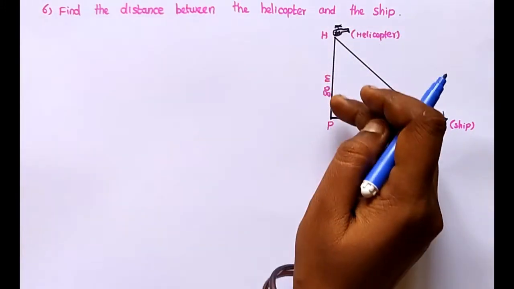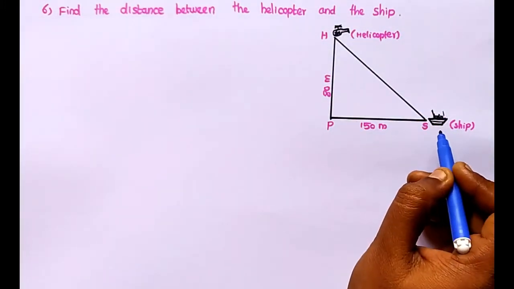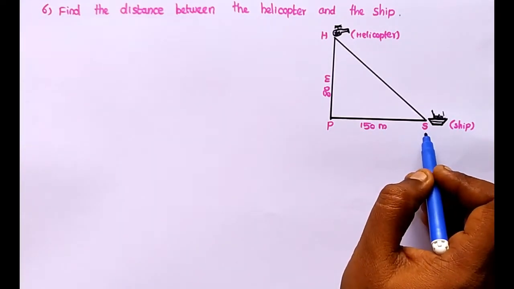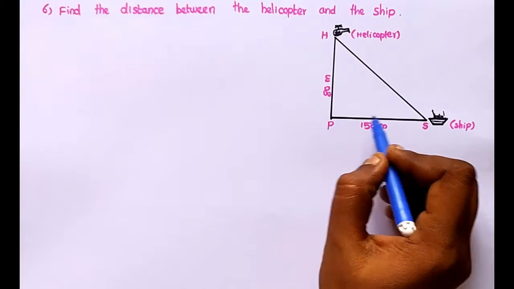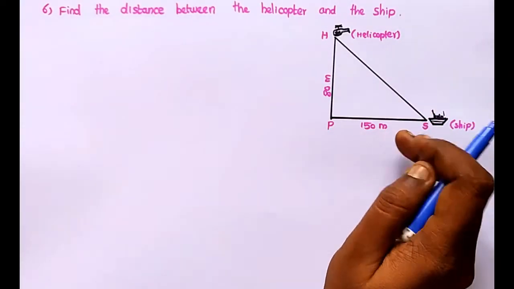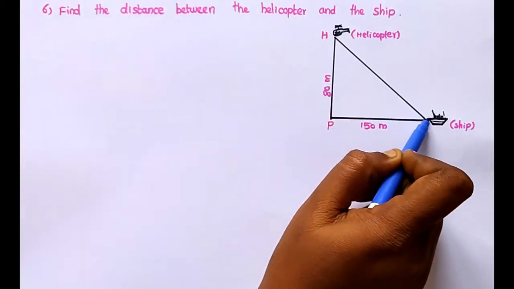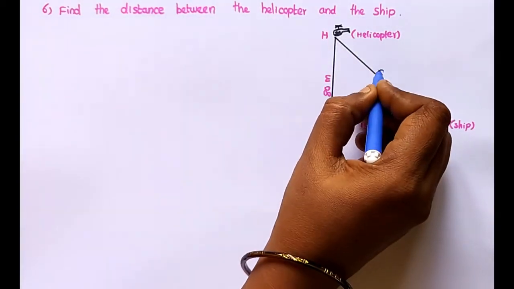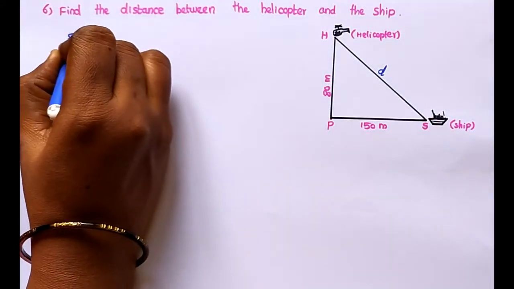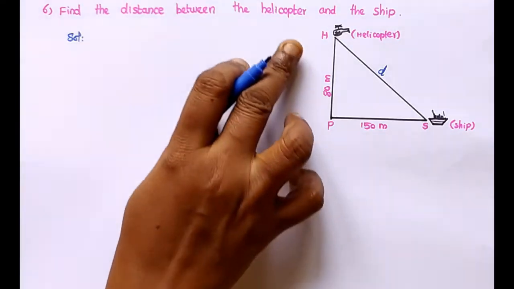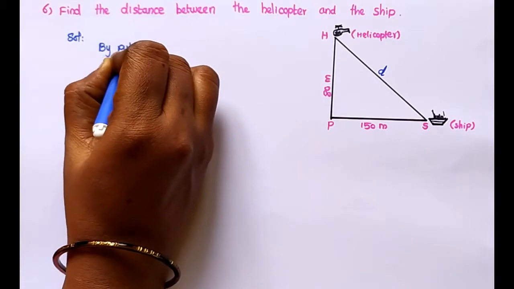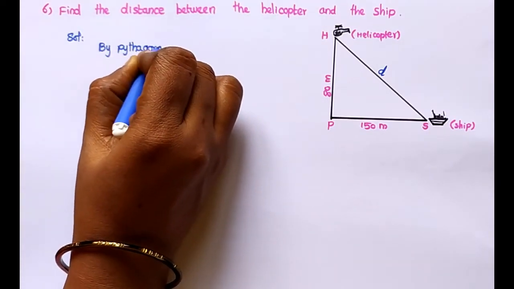It is at the height 80 meter, and the ship is here, 150 meter from the sea level to ground level, that is 150 meter. Here we find out this distance, that is D. The given. Listen. By Pythagoras theorem, we have to find out this one.